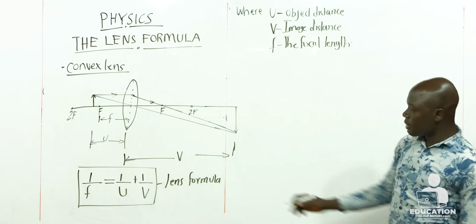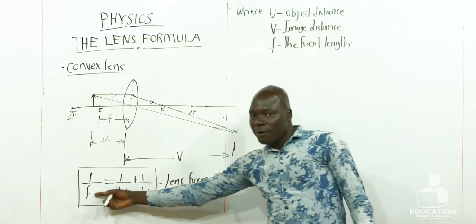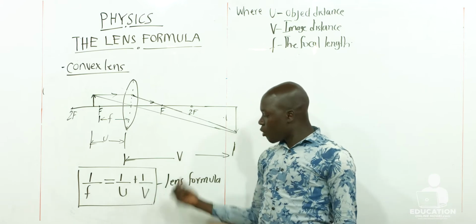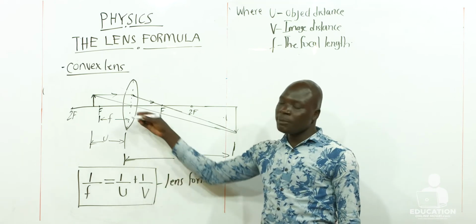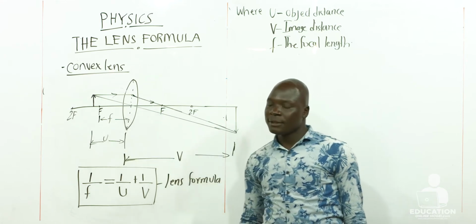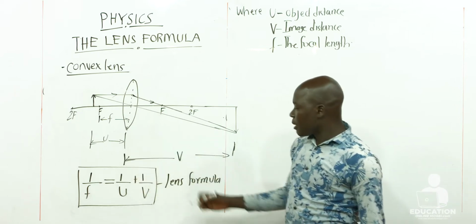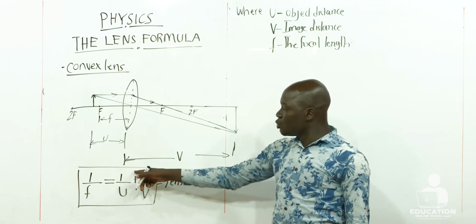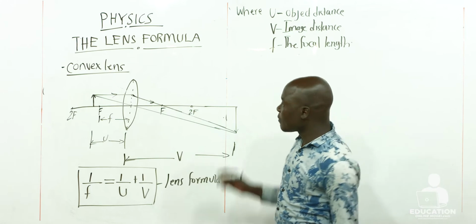So this is the lens formula that we can use to get either the focal length or the object distance or the image distance, for an object placed at any position in front of a convex lens. Then a same formula but with different signs can be used when an object is placed in front of a concave lens.